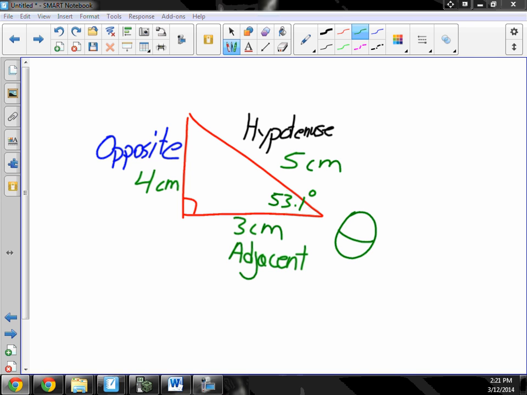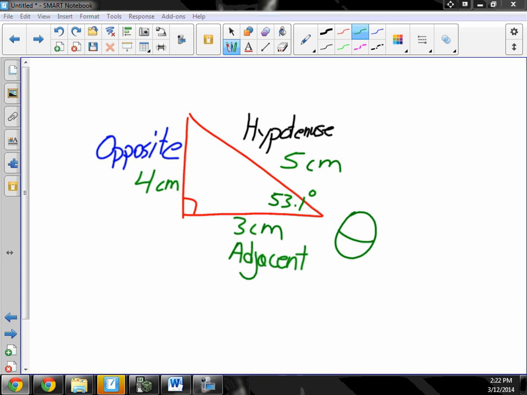Now, there's a really strange thing that happens in right triangles, and that is if we start to compare particular lengths, comparing one length to another. For instance, if I wanted to compare the opposite side to the length of the hypotenuse, how do you compare those two lengths? How do you compare lengths?